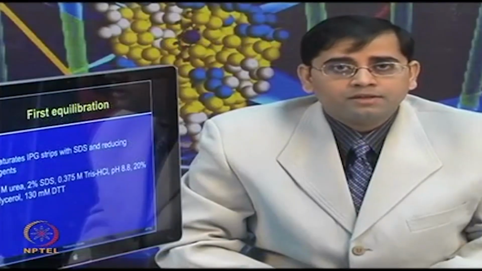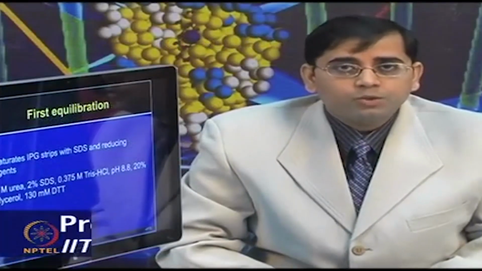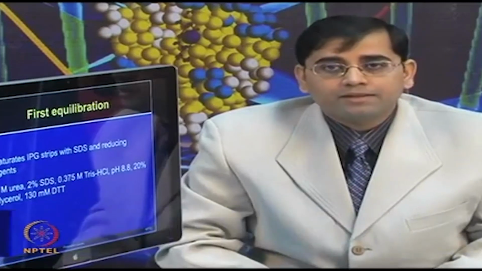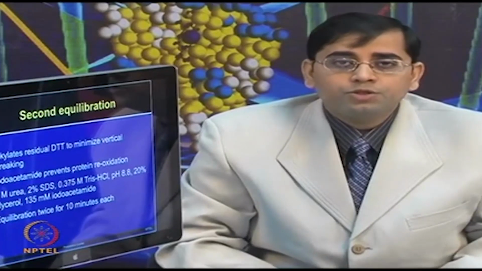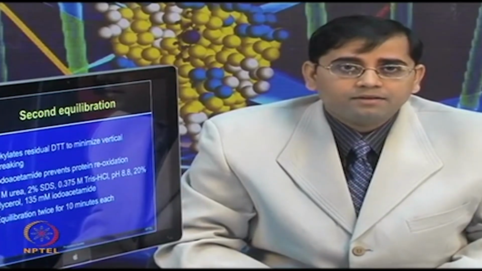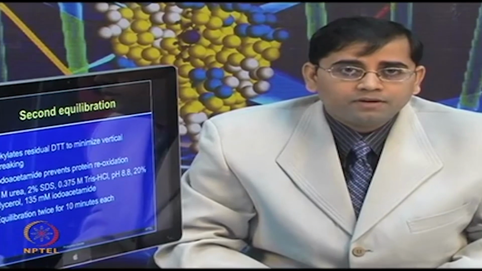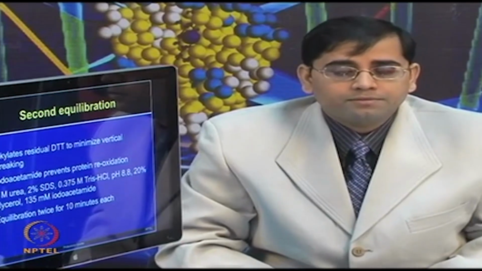As I mentioned, in this buffer you can add DTT, and that will be used in the first equilibration step. The first equilibration step can be performed for 10 or 15 minutes depending upon your strip length. Once you have done the first equilibration, you need to remove that solution and add a new buffer for the second equilibration.